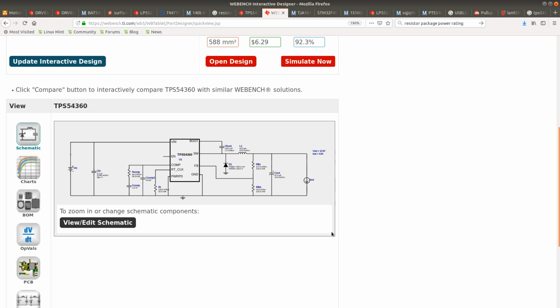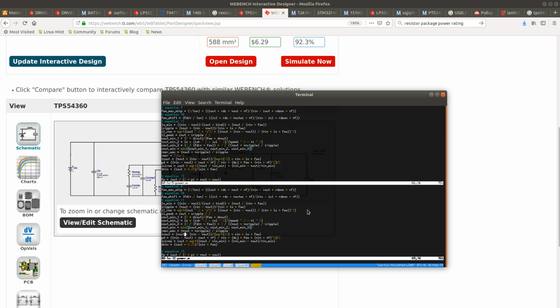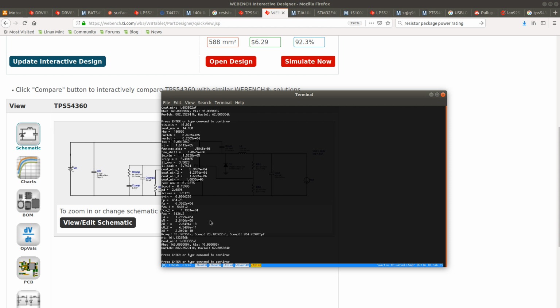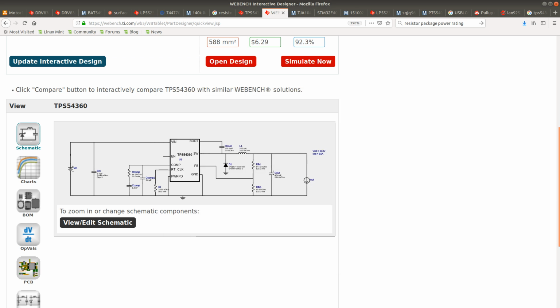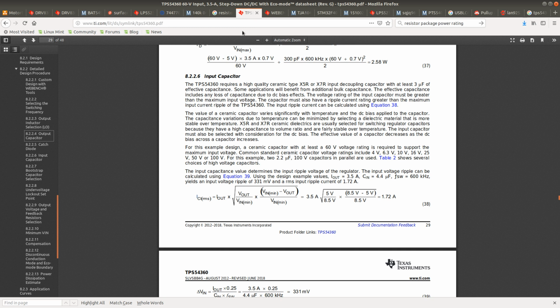But according to my calculation, I get a minimum value somewhere above 1 microfarad, which is a large difference from 47 microfarads. And it's not clear to me why that is the case. Why did they choose such a high capacitance there?